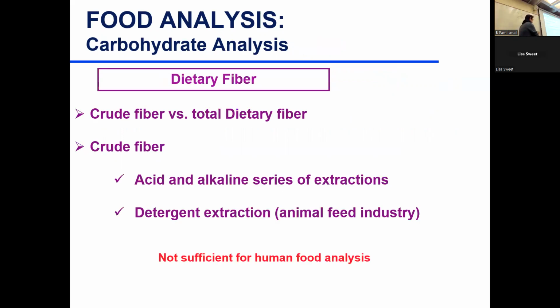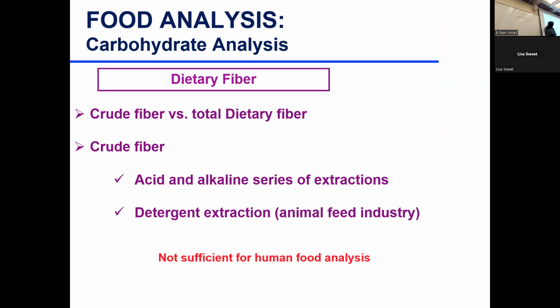So we stopped at dietary fiber. We talked about the different components of dietary fiber. We talked about soluble and insoluble dietary fiber. This crude dietary fiber determination used to be common a few years ago to determine total fiber in food, but then it's no longer used for food and labeling because it doesn't give you all of the dietary fiber components.